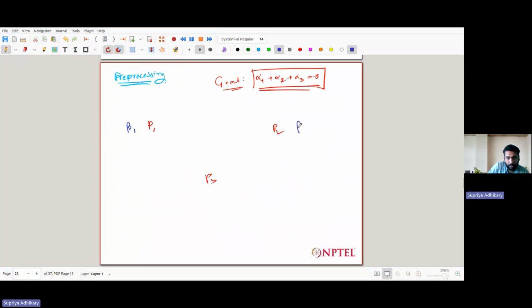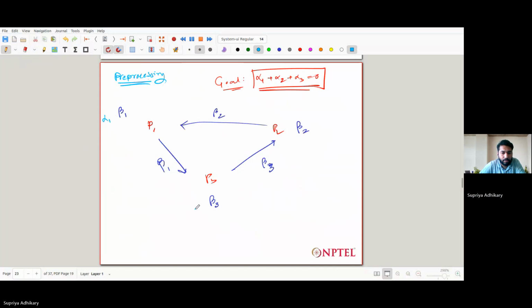P1, P2, P3 select 3 random elements, beta 1, beta 2, beta 3. Then P1 sends beta 1 to P3, P3 sends beta 3 to P2, and P2 sends beta 2 to P1.